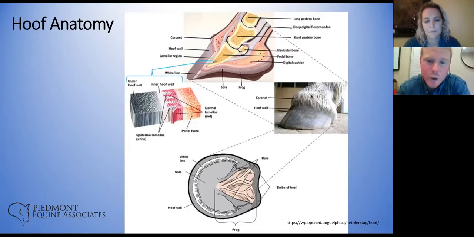When you look at the lower diagram, the bottom of the horse's hoof, you can see the white line between the horn, which is the outer hoof wall, and the sole. That white line is actually shown into the interdigitation of the lamina if you look at it microscopically.